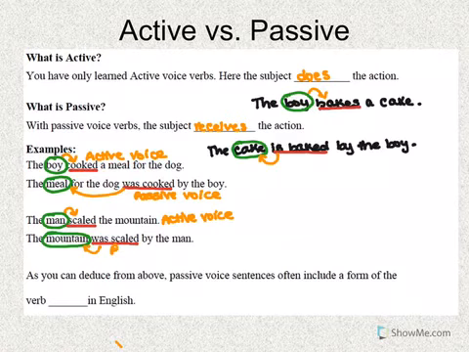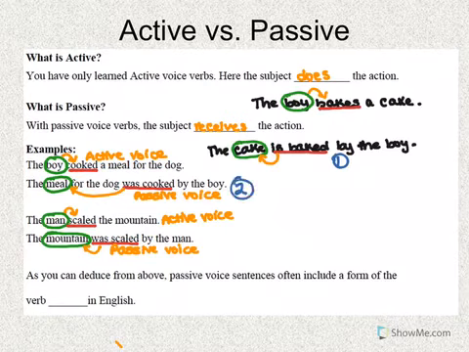And so we have a passive voice verb. Awesome. All right, now let's take a look at our three passive voice verb sentences. We have the cake is baked by the boy. We have the meal for the dog was cooked by the boy. And finally, the mountain was scaled by the man.